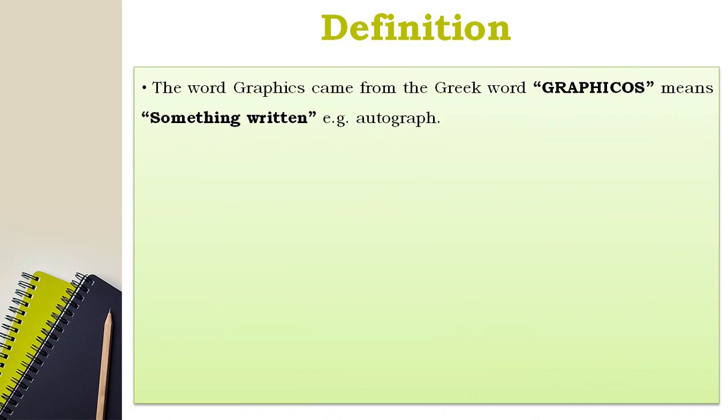Basically, the word came from Greek language. In Greek, the word is graphikos, which means something written, for example, autograph.